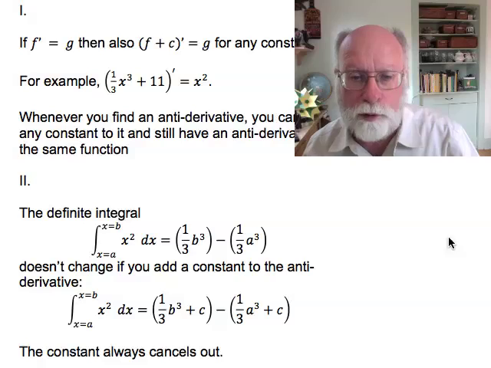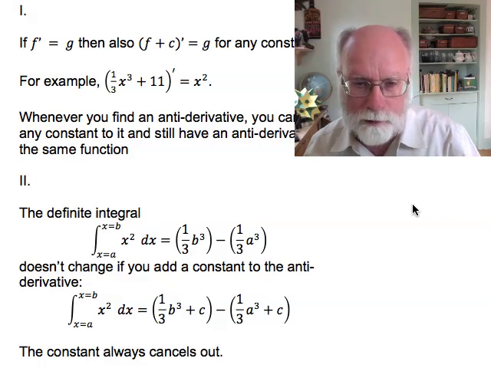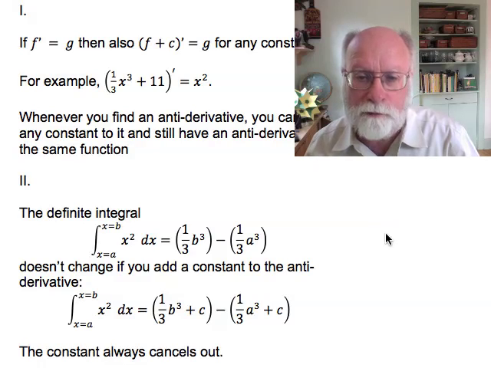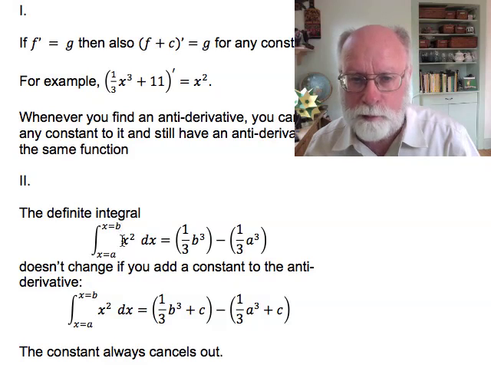The second point I want to make is that adding a constant does not have any effect on the fundamental theorem of calculus. So the definite integral from x equals a to x equals b of x squared dx is just going to be the difference of an antiderivative, 1/3 b cubed minus 1/3 a cubed.